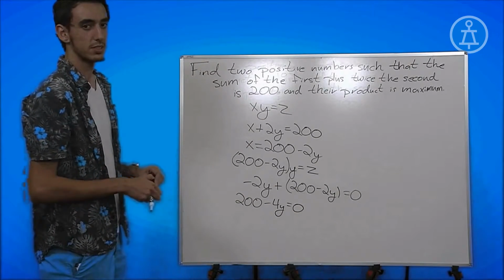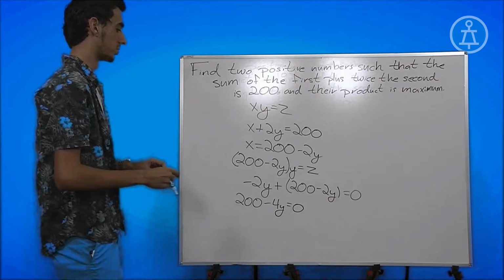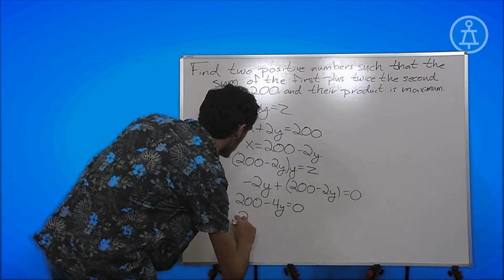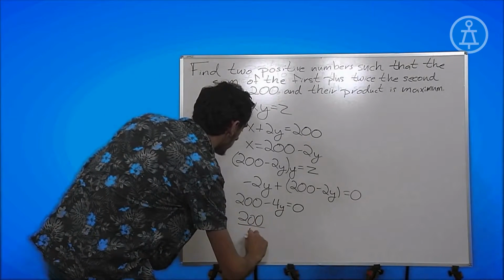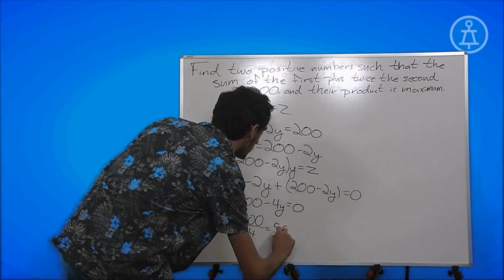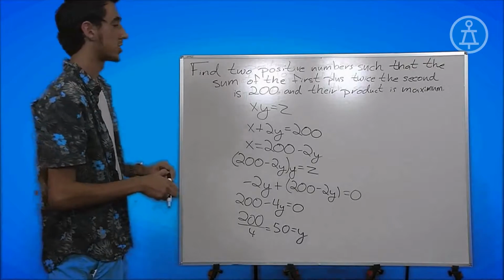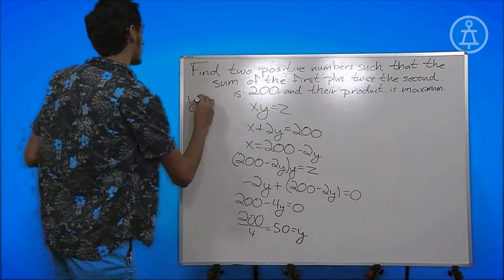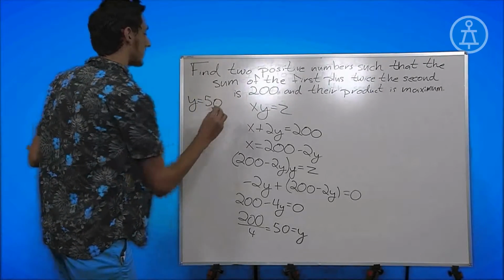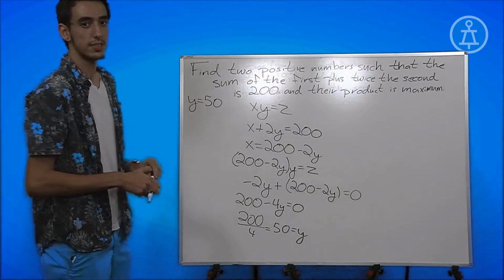So here it's pretty easy. We see that y is equal to 50 because we just do 200 divided by 4 equals 50 equals y. Okay, so now we know y equals 50. And then we're going to substitute it back in.